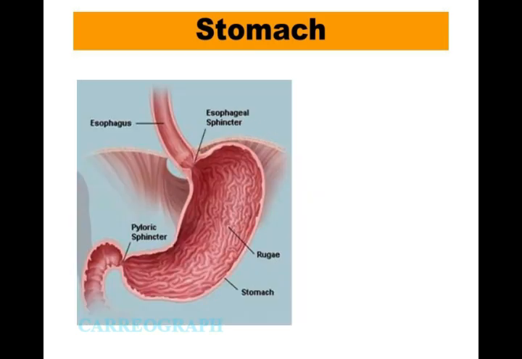Now we will see the inner structure of the stomach. The internal structure of the stomach has a lining of epithelial tissue which contains 4 different types of cells. The first are mucus cells, present in the fundus part of the stomach, which secrete alkaline mucus. This alkaline mucus protects the stomach from strong acid and also helps food movement through lubrication.